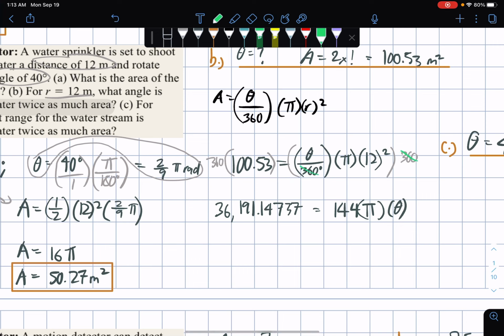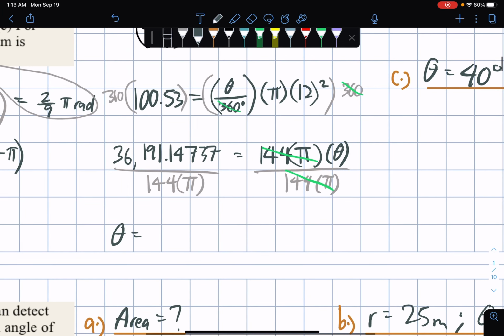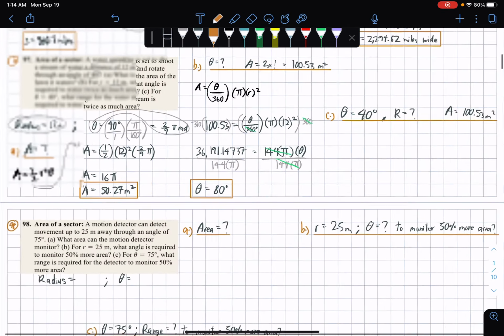We cancel those, and we divide both sides this time with 144 pi so that we could cancel everything that's on the right side with theta. So theta will be alone, and basically the division of these two values, it would become 80 degrees. So this is the final answer.